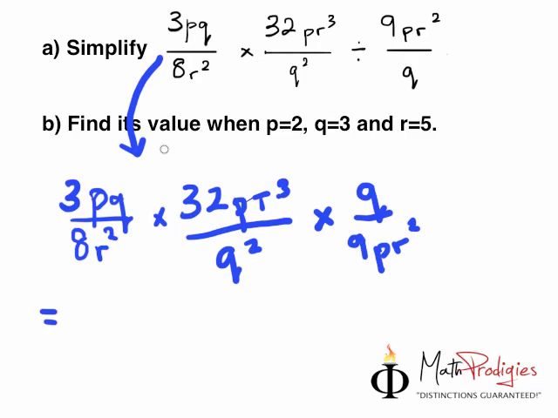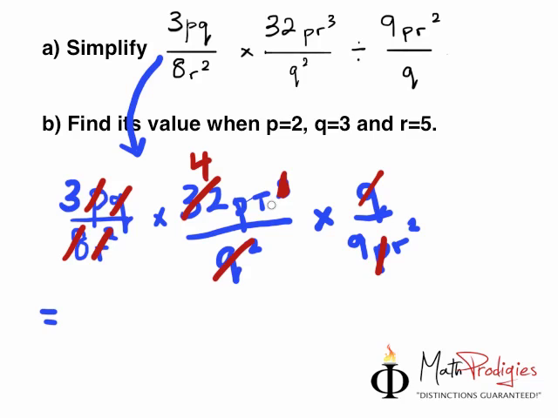Now all we have to do is just start cancelling. Q squared, we cancel, so Q is gone here and Q is gone here. P, we must cancel. We can cut across. R squared, we must cancel, so we have another R here. 8, we cancel. We get 1, we get 4 here.